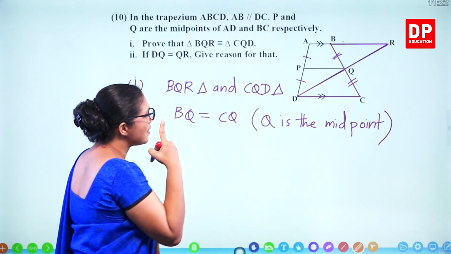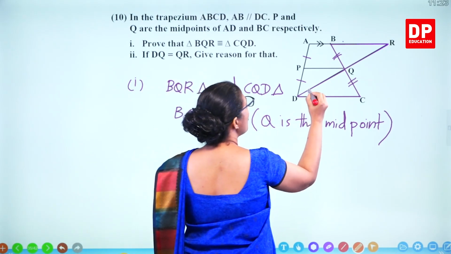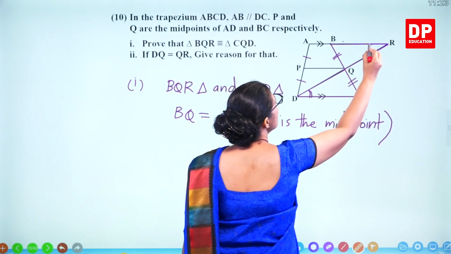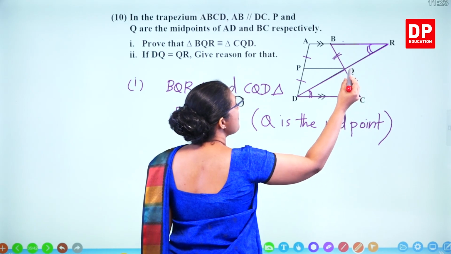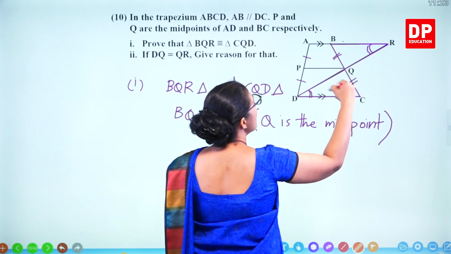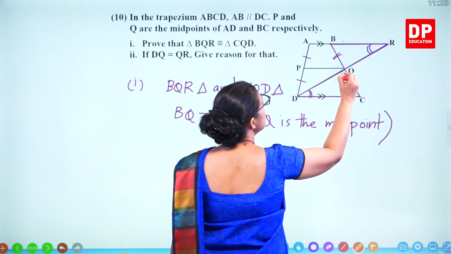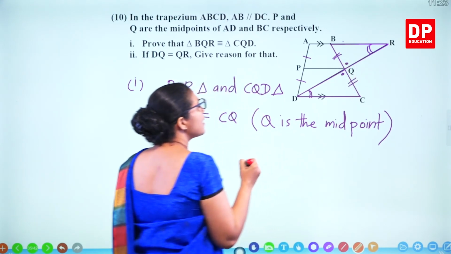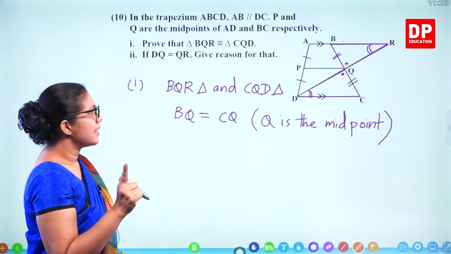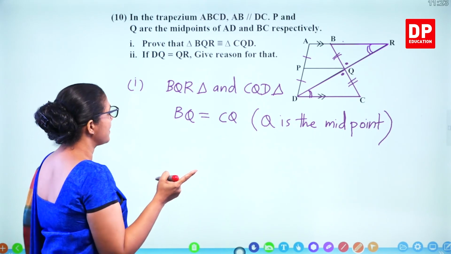And the two lines are parallel. So what can you say about this angle is equal to this angle, and other way round, or this angle is equal to this angle because of opposite angle. So 2 angles and 1 length.